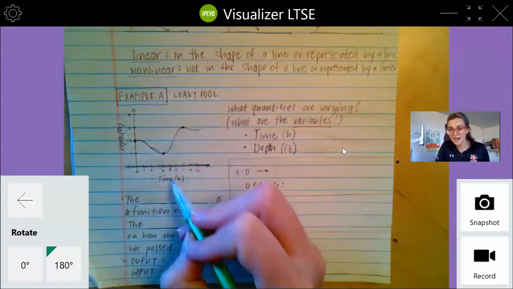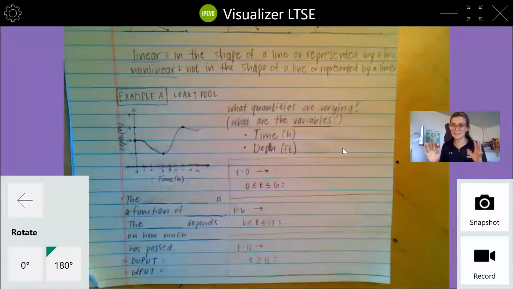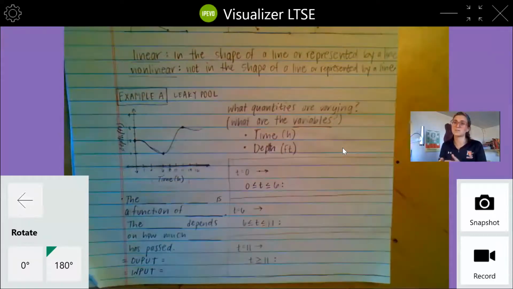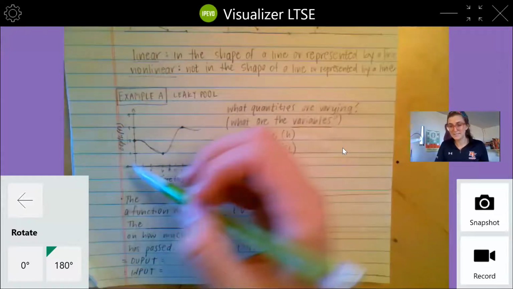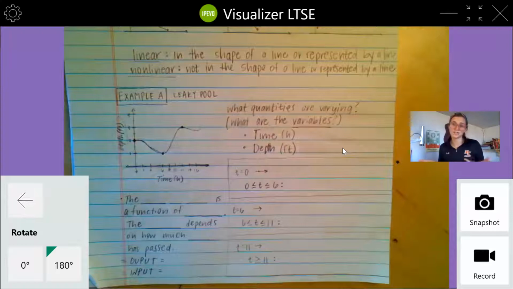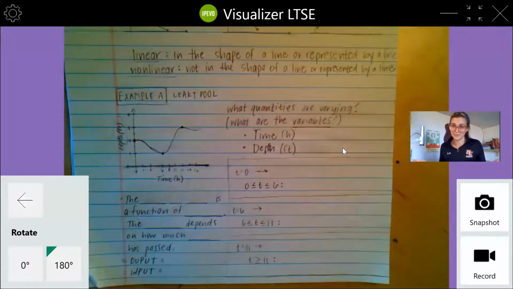This time piece is totally independent of the situation. It doesn't depend on the pool. But the depth of the pool depends on how much time it's been sitting there.